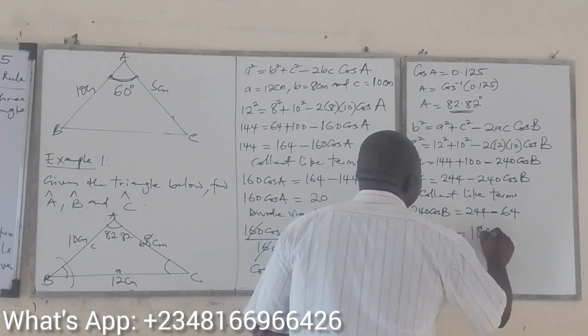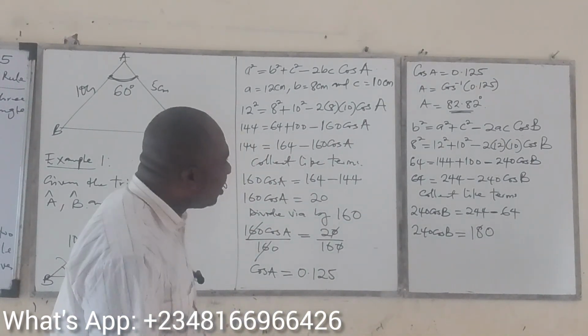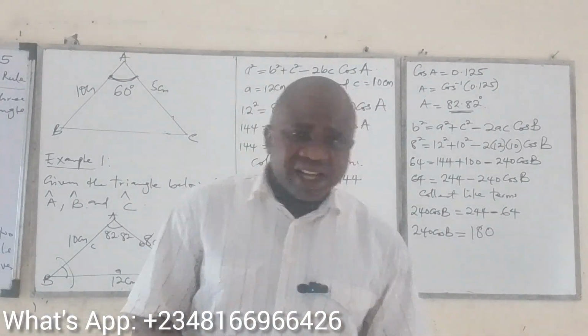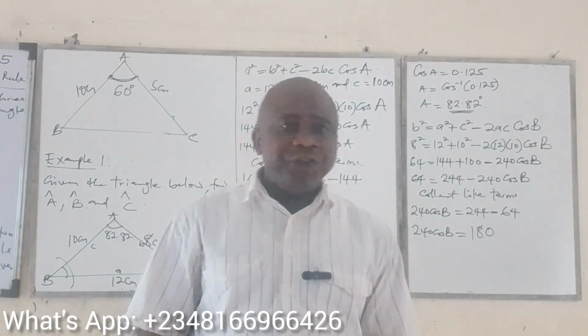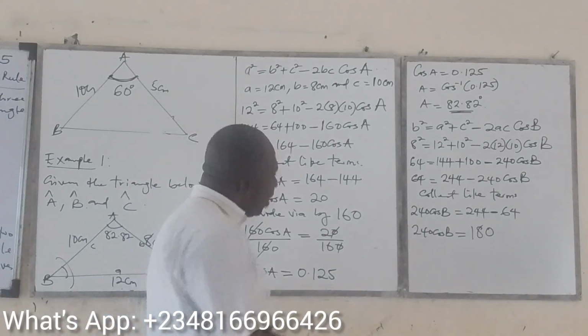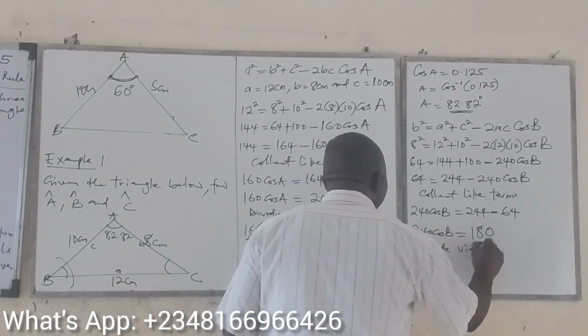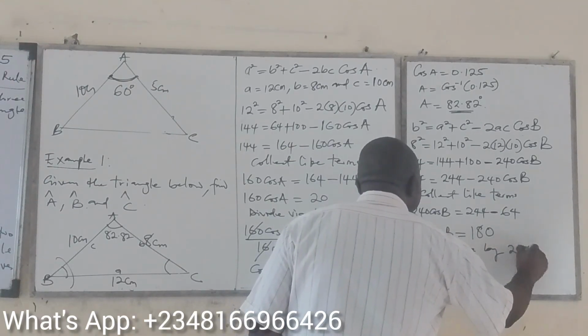To get the value of cos B, we divide both sides by the coefficient of cos big B, which is 240. So we divide through by 240.